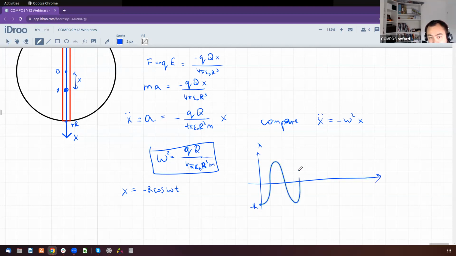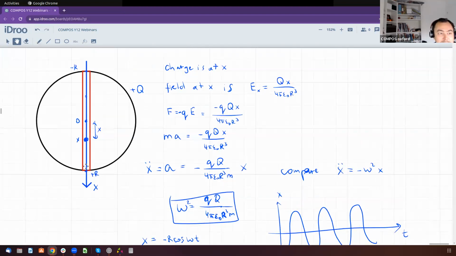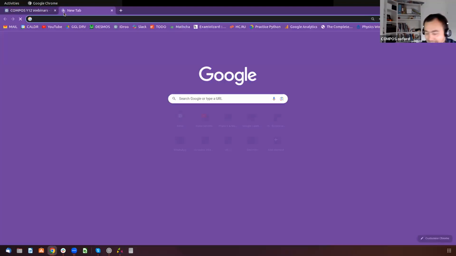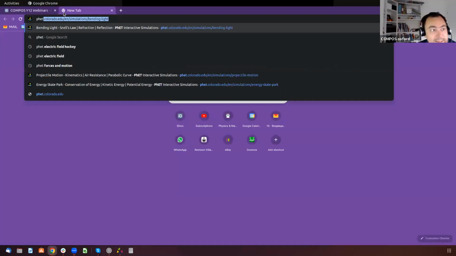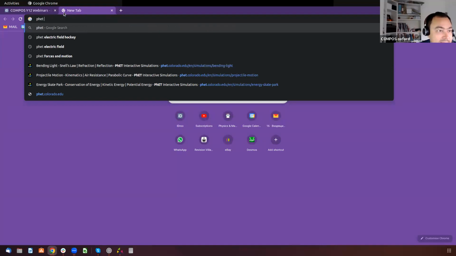It's going to go like this. So the mass would go bounce, bounce, bounce. So that electric field.